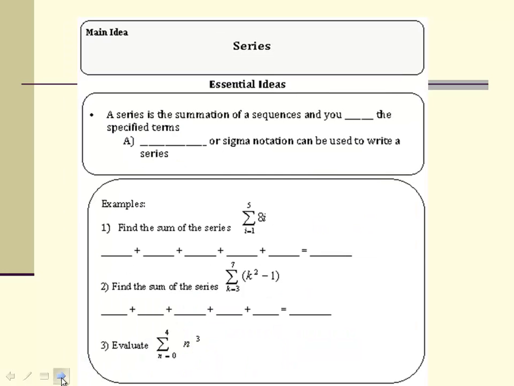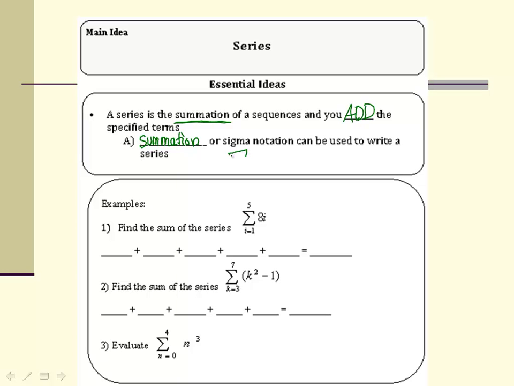So we just talked about sequences. Sequences are just numbers, patterns. Okay? A series is a summation of a sequence, and so you add the specified terms. Summation means adding. So summation, or sigma notation, can be used to write a series.